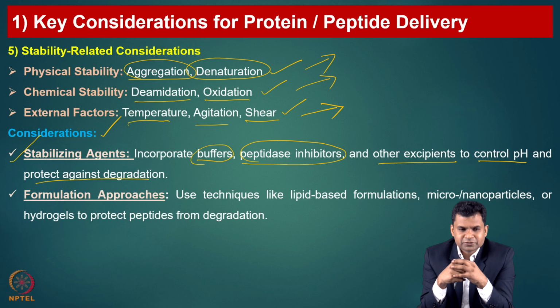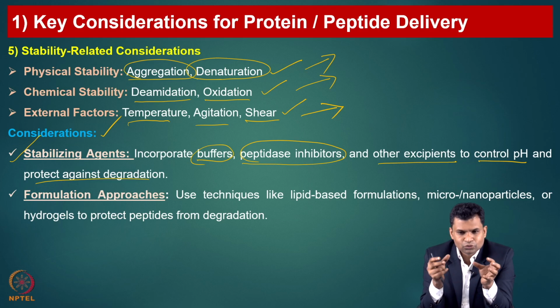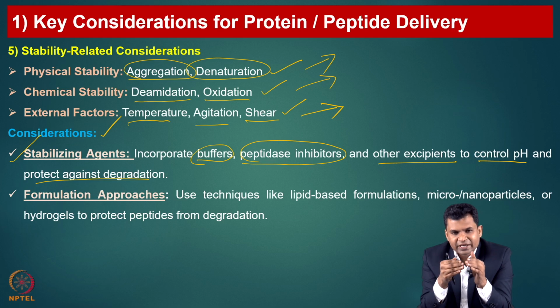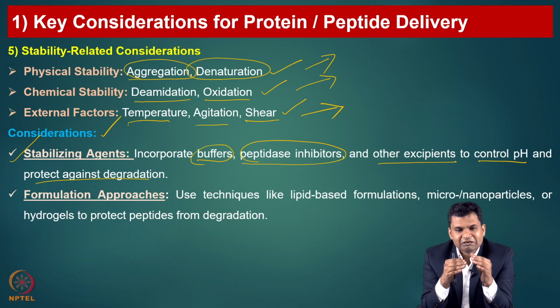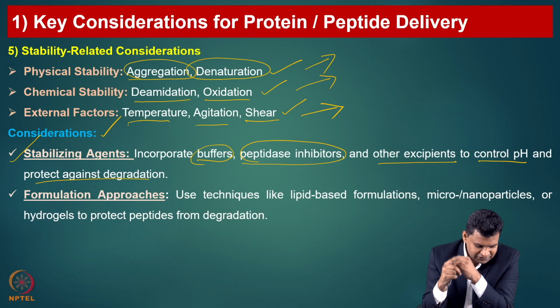Why do we need pH modification? There are peptide degradation enzymes, which survive in a particular pH, consider that they survive in low pH. So by using pH modifiers, we can increase the pH from low to near 7.4 or around 5.5. So the protein and peptide degrading enzymes can be inhibited by modifying the pH of the environment. That is the first step.